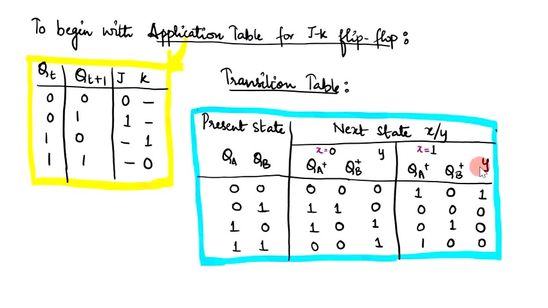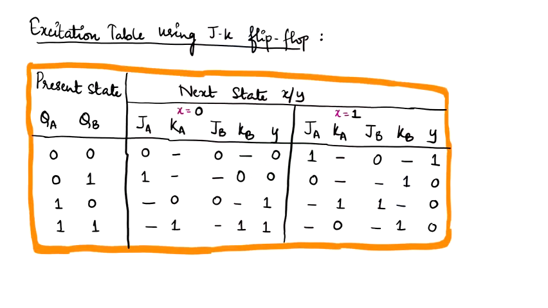Once you know the transition table, from the transition table you obtain the excitation table for the JK flip-flop. Now here the present states are two, QA and QB.